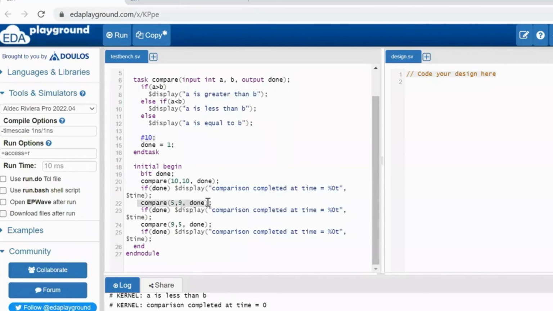And compare task again, 5 passing to the A and 9 passing to B, output done. So again displaying the statement. Like that compare statement, again displaying another statement. We'll do the simulation.